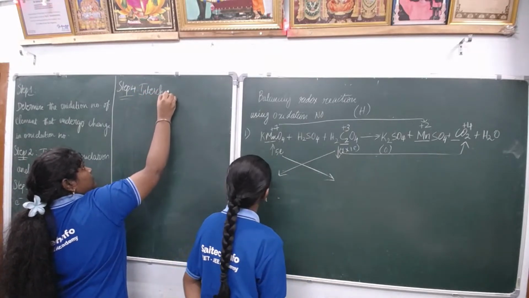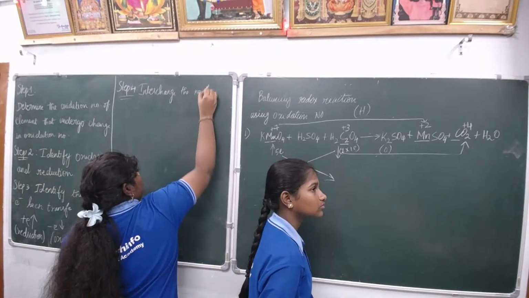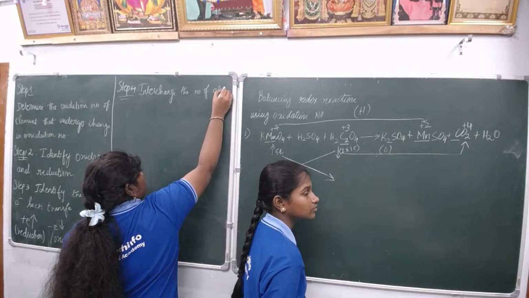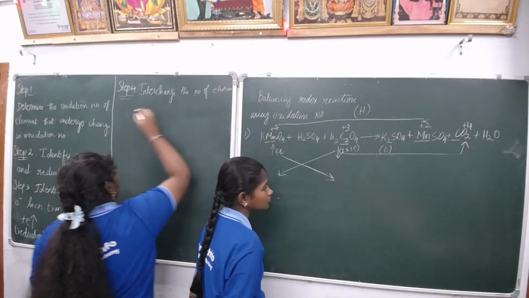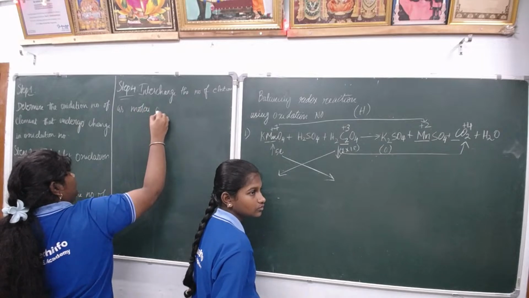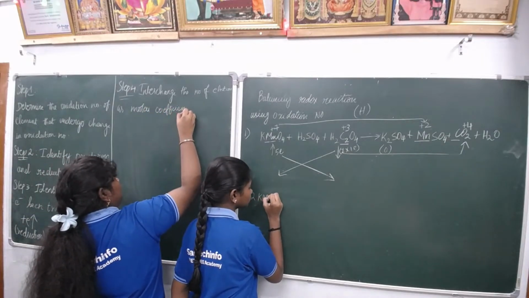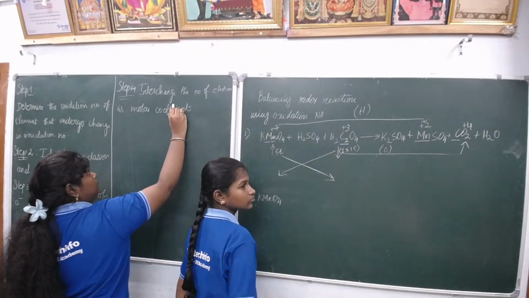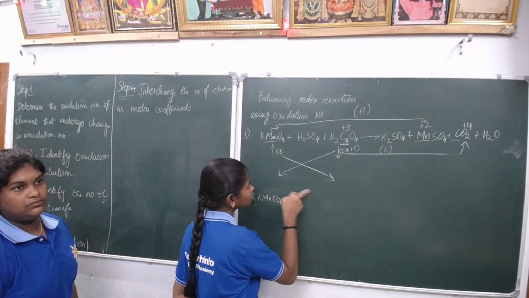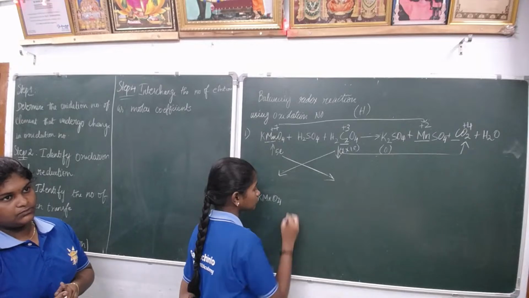Now listen to me. How many electrons are there? 2 electrons. So you had to put for KMnO4, 2 KMnO4. Got this point? Are you able to understand? So I have put the 2 electrons as coefficient of KMnO4, as 2 KMnO4. Got it? And plus you can put nearby.